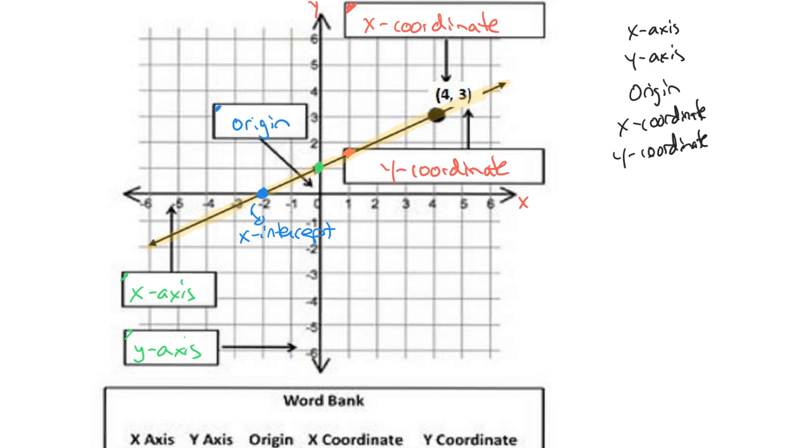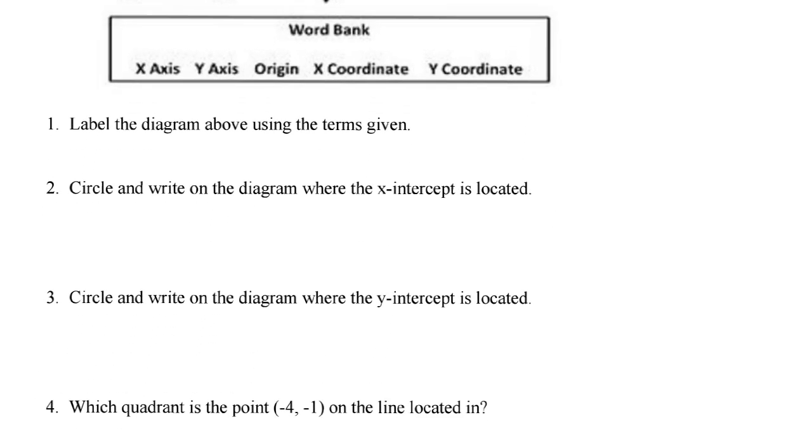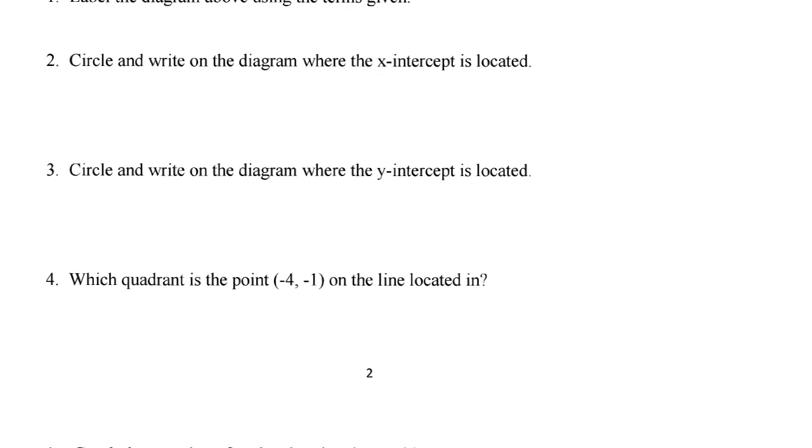This point right here is the y-intercept. Okay, so we've got the coordinate plane, and we're going to throw a bunch of points on there. Remember, that line that we're seeing there that's highlighted represents an infinite number of points. We're looking for the very specific points on there that lie in between the quadrants, on the axes.